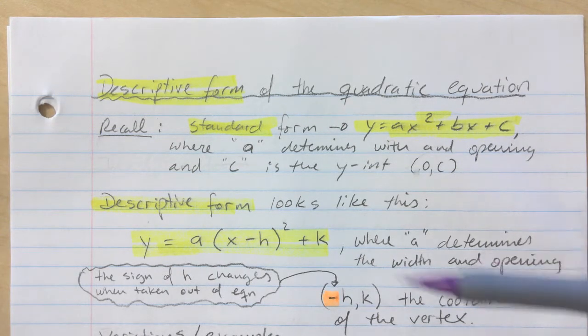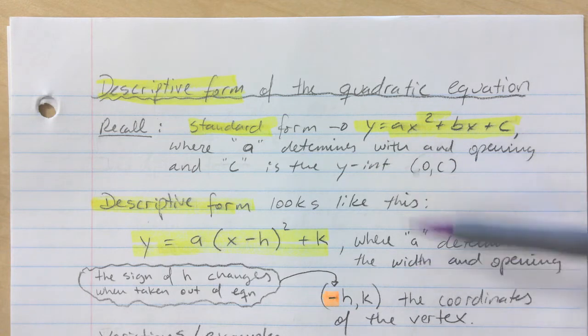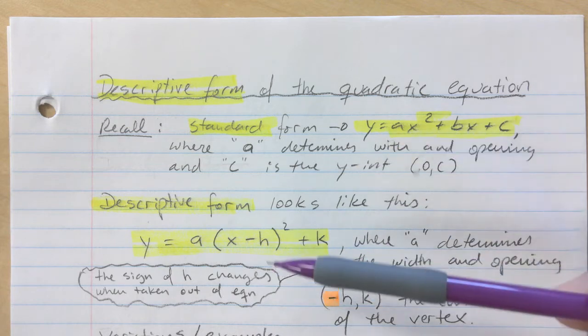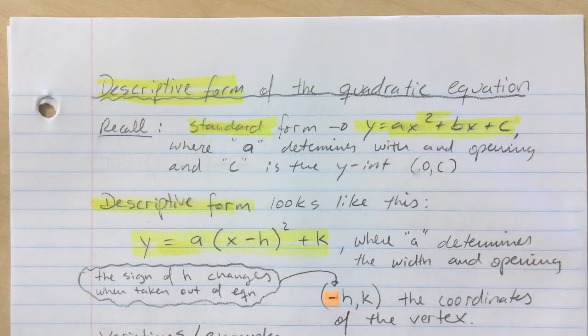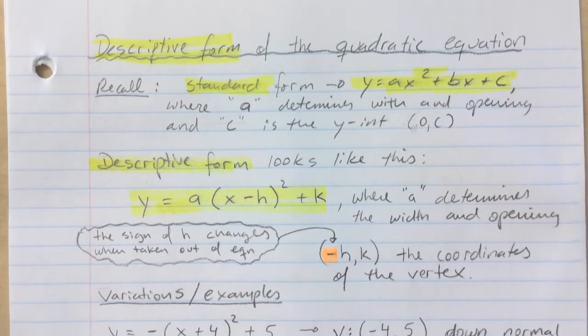So it gives us the vertex, and A still does the same thing. Tells us the width and the opening, so that doesn't change from when you compare these two. But this one actually tells us what the vertex is, the actual coordinates, the location of the vertex. So it's quite handy that way.